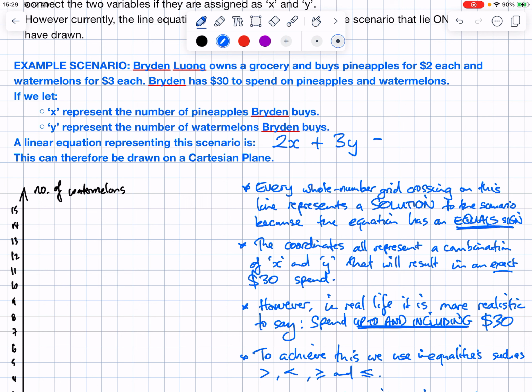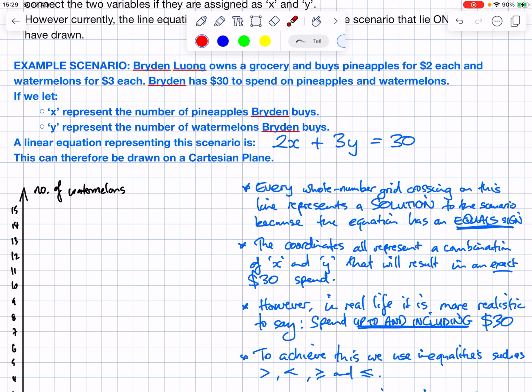And it's a linear equation, so we're saying it equals the spending money, which is 30. So that's in general form, a line equation representing the scenario of Bryden buying pineapples for $2 each, watermelons for $3, and having $30 to spend.